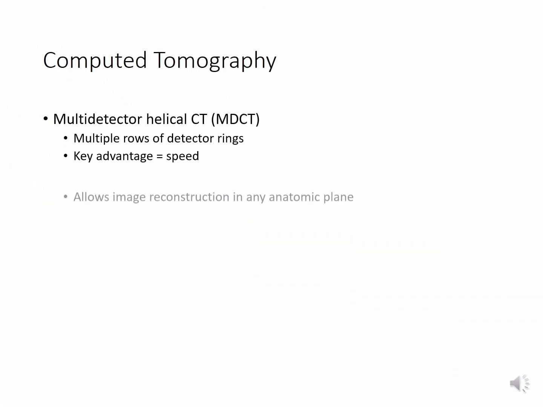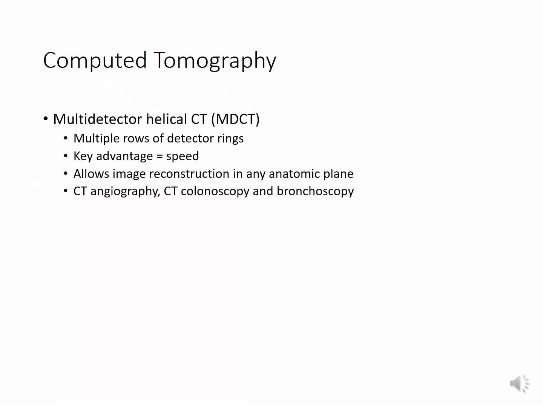So a multi-detector helical CT is a major technical advance in CT imaging, utilizing the principles of the helical scanner but incorporating multiple rows of detector rings, which allows acquisition of multiple slices per tube rotation, increasing the area of the patient that can be covered in a given time by the X-ray beam. The advantage is speed, which is 5 to 8 times faster than the single slice helical CT.